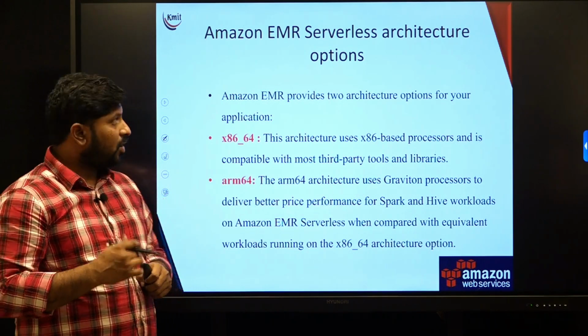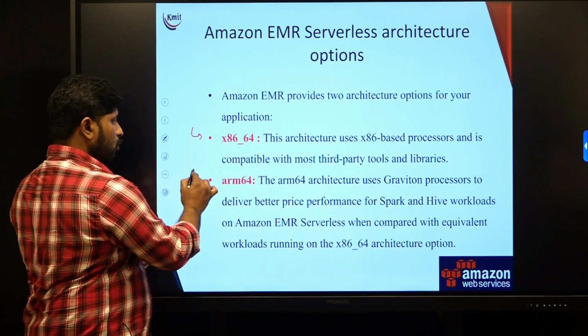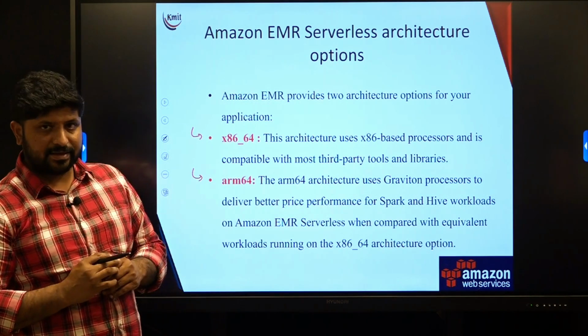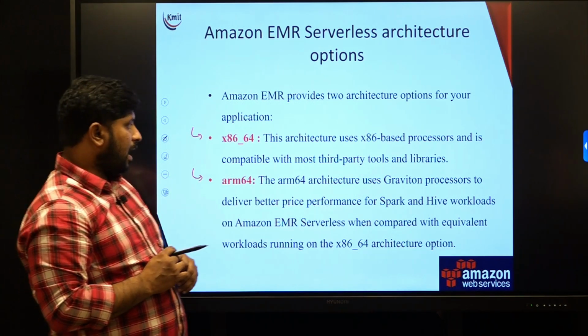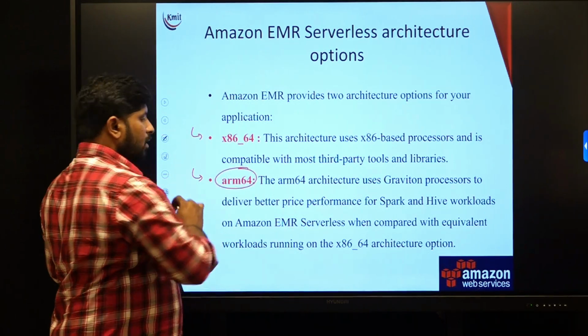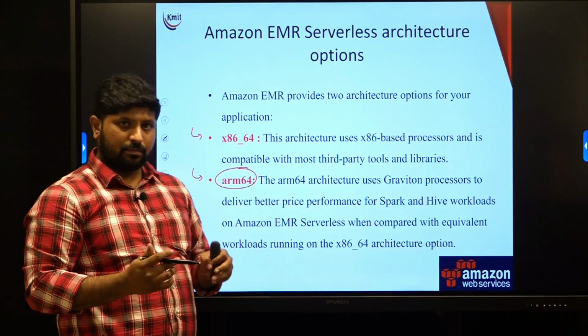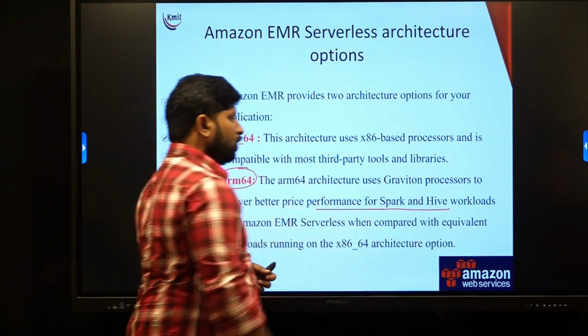Next, if you are focusing on the architecture options, as explained, we do have 2 architecture options over here, x86 64-bit or else ARM 64-bit architectures. Out of these 2, ARM is treated as an efficient processor to process your Spark or high workloads.